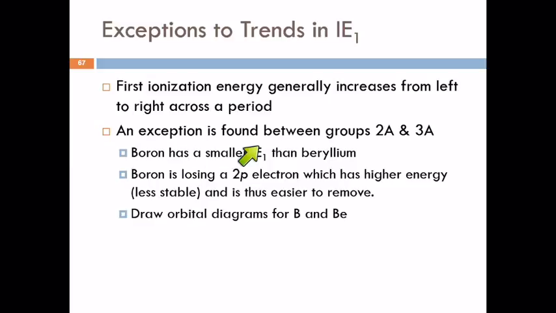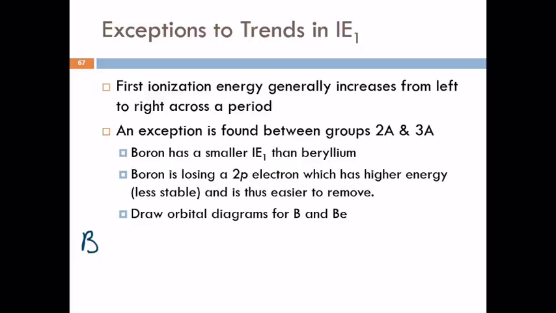If we look between groups 2A and 3A, we would expect that boron has a higher ionization energy than beryllium, but it's actually smaller. The reason is that boron is losing a 2p electron, whereas beryllium is losing a 2s. So let's look at the orbital diagrams for boron and beryllium.